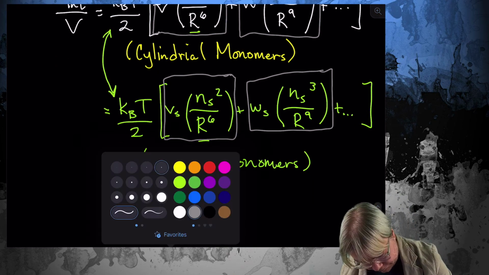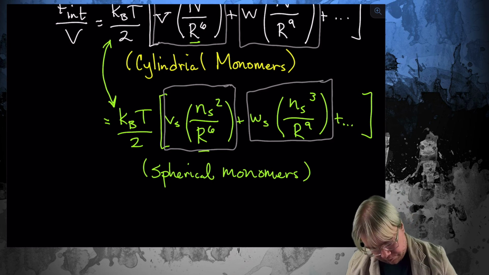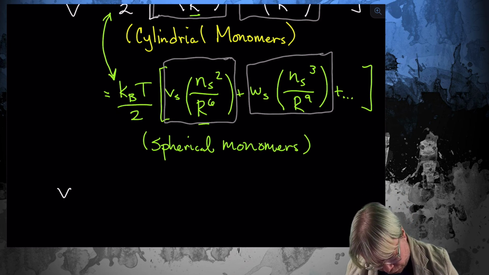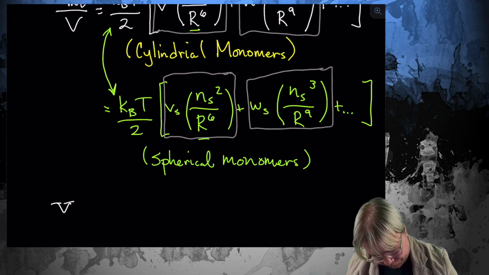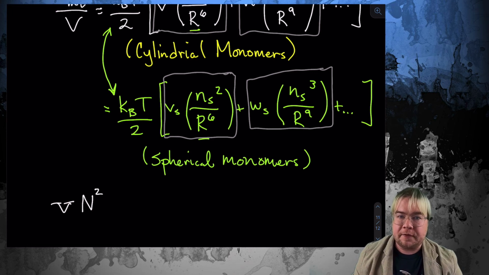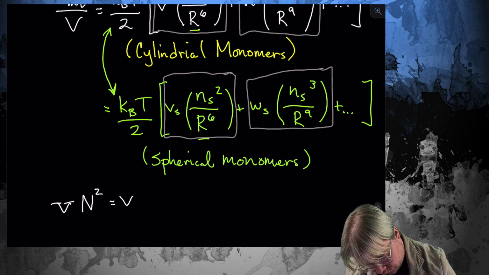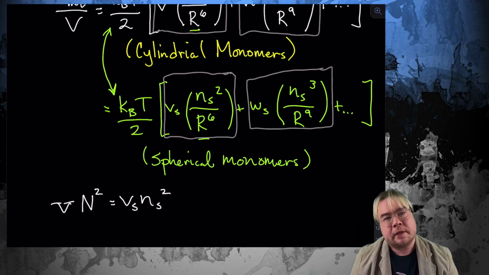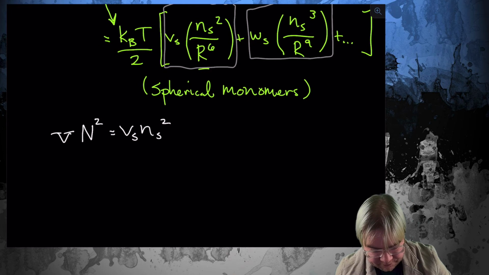So what this means is that let's just look at the first term with the excluded volume. The excluded volume of the cylinder times n squared, that's the number of the cylindrical monomers that I have, must be equal to the excluded volume of the sphere times the number of spheres that I have squared. Well, what's the volume of the sphere?